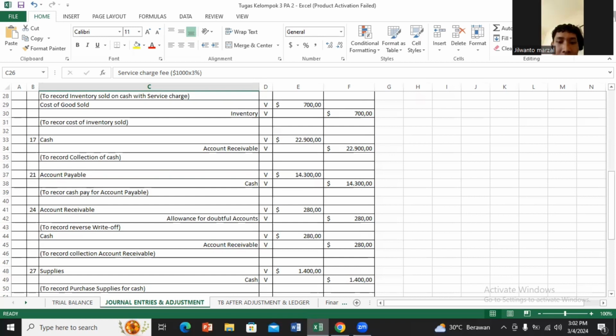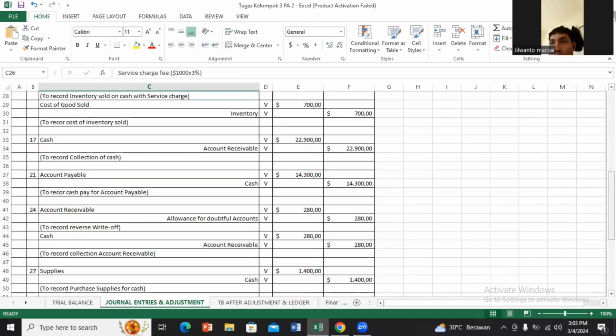Next, on 24 January, Winter received payment in full of $280 from Goes Company on the account written off on January 3. So before this, the Goes Company account was already written off. To reverse this write-off, we first journal accounts receivable in debit $280 and allowance for doubtful accounts in credit $280, and then we journal cash for $280 and accounts receivable for $280.